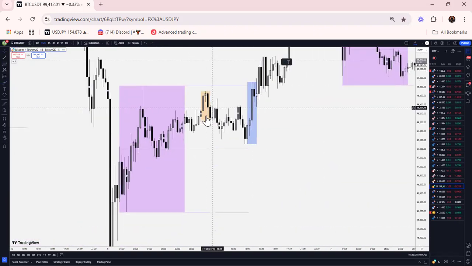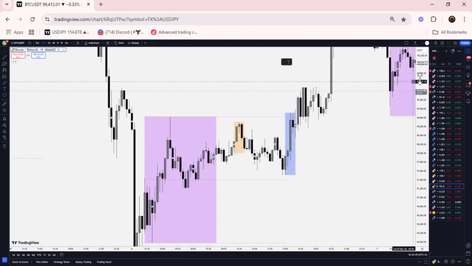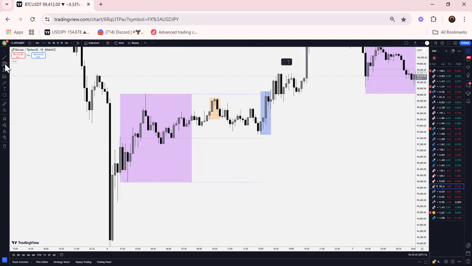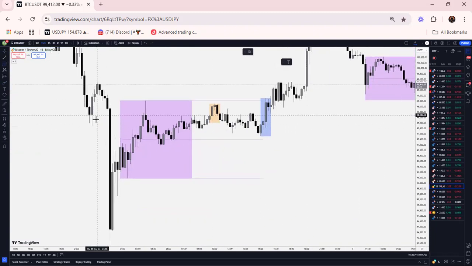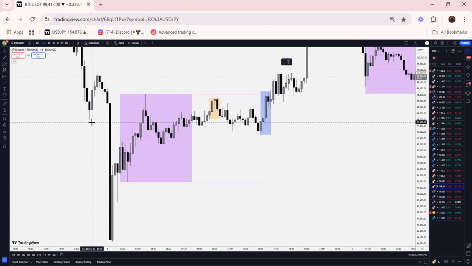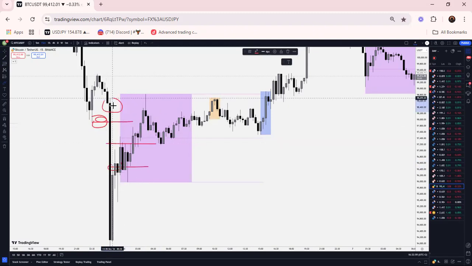Find another example. Same thing here. If you use that one, where does the imbalance start? As you can see, imbalance starts from here and ends here. From here to here, that's imbalance 2. From that low to that low, that's imbalance 2. From that low to that high, that's imbalance 2.